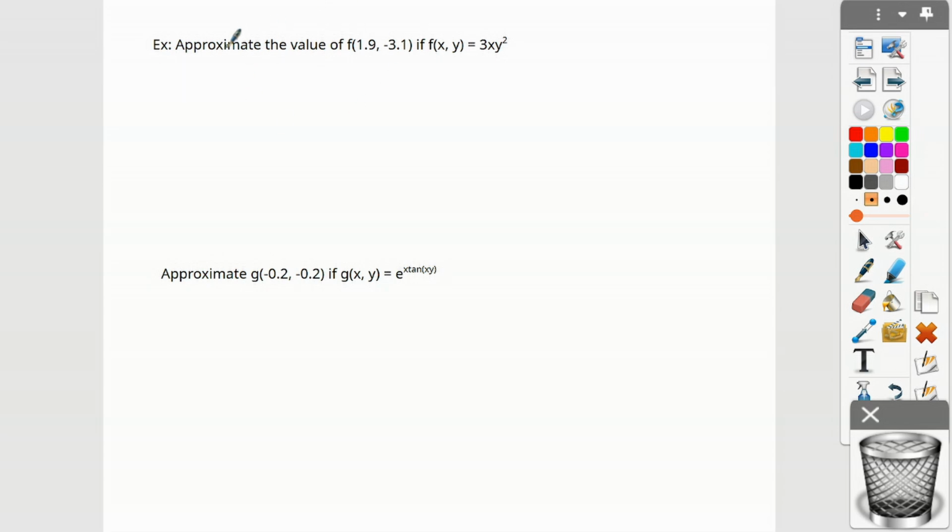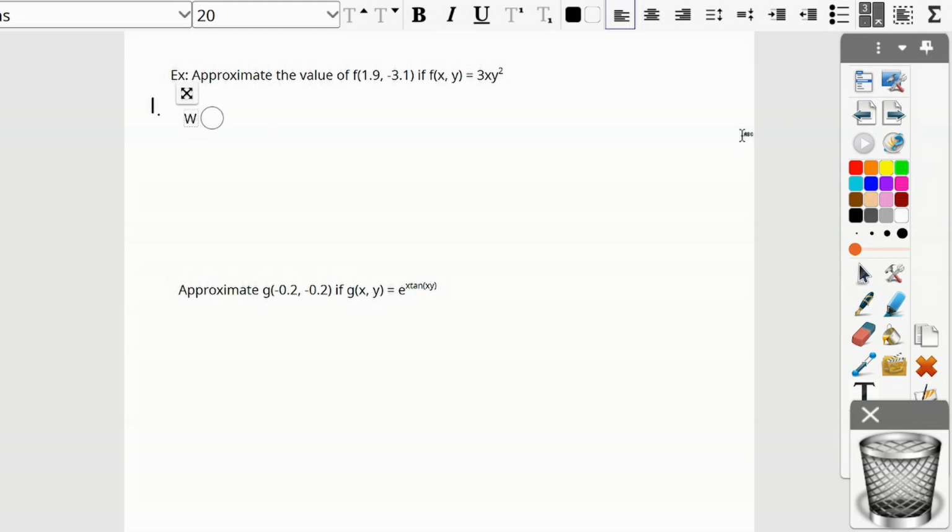Okay, ready? So what is this number close to is what we have to figure out first. That's step one. What is this number close to? I'm going to use the text feature. What is the x, y inside of f(x, y) close to?